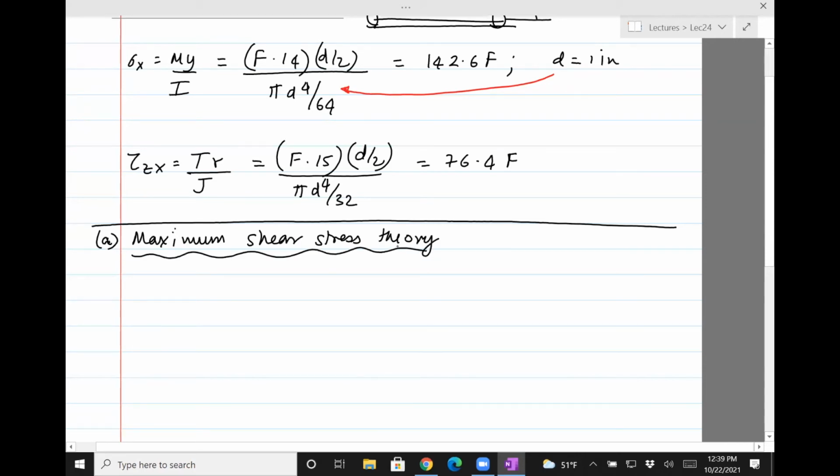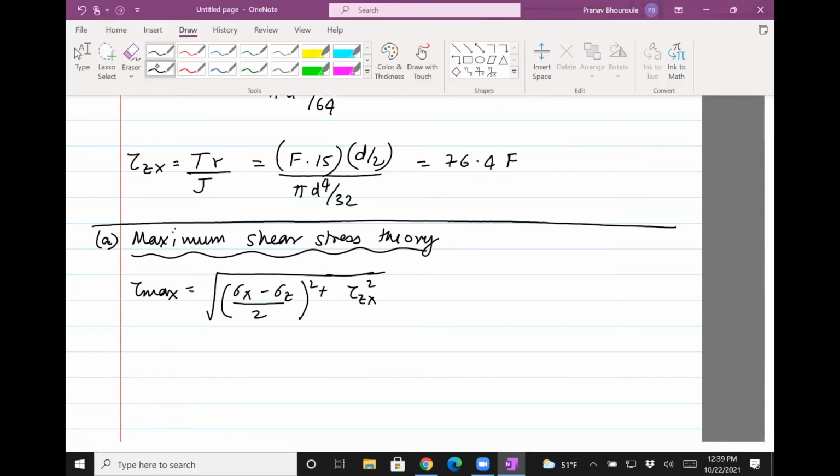For that I need to find the maximum stress, and I'm going to go by the formula: square root of (sigma x minus sigma z divided by 2) squared plus tau xz, or tau zx, squared, whichever you like. They are complementary, so it will be the same.